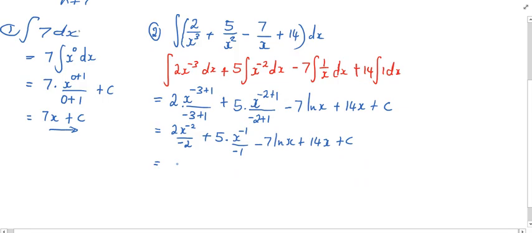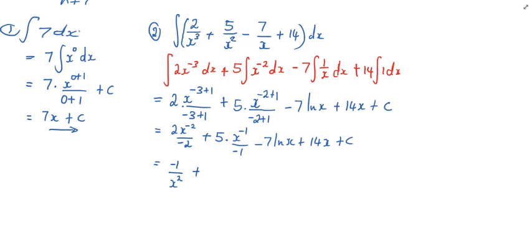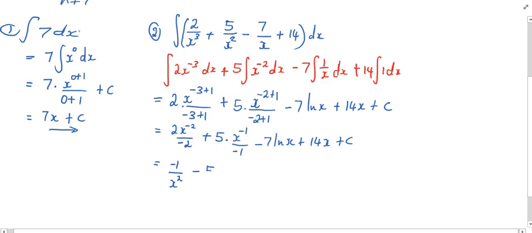which will give us negative 1 divided by x to the power of 2. So we are writing the power as a positive power, and then we have not plus, that's negative 5 over x minus 7 ln of x plus 14x plus our constant c.